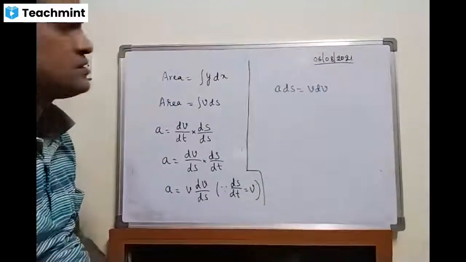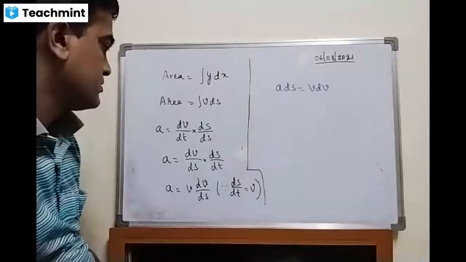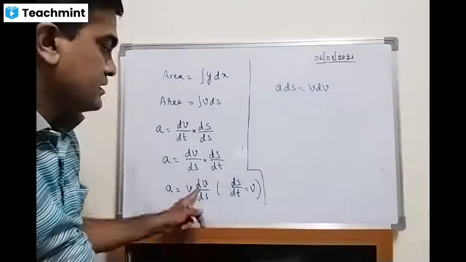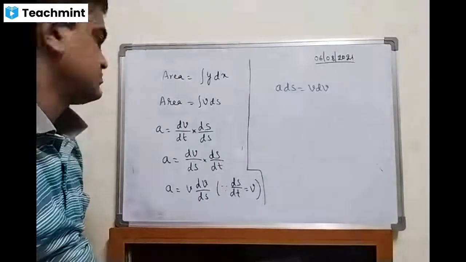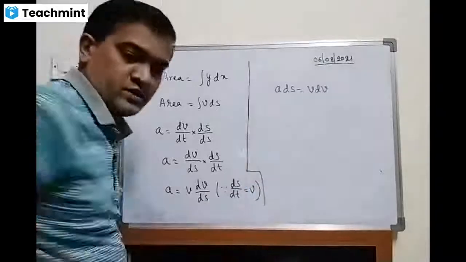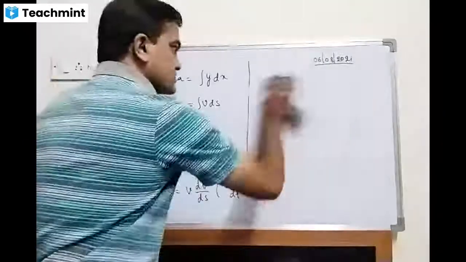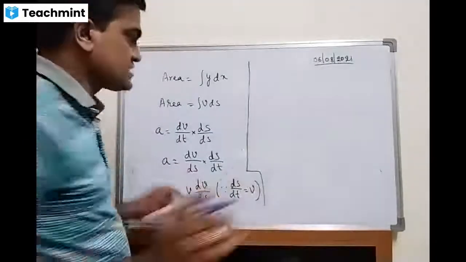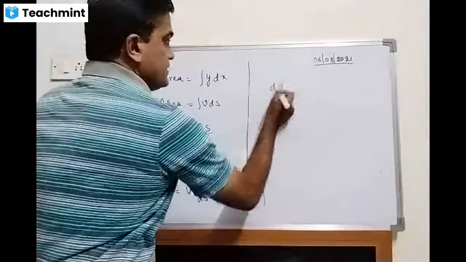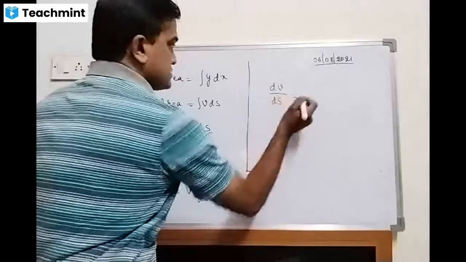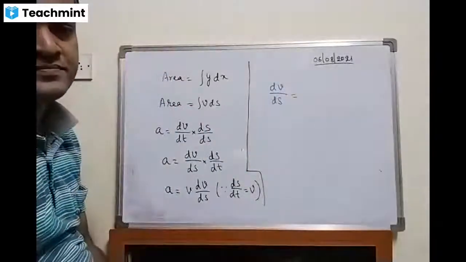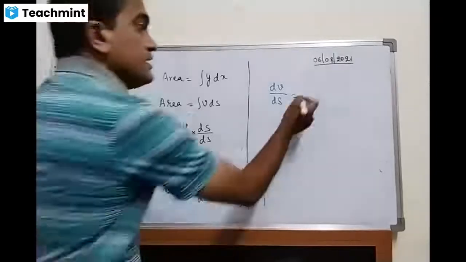Is it not? Or dv by ds is equal to. Acceleration, sir. I want dv by ds from this. dv by ds gives what? Acceleration by v.